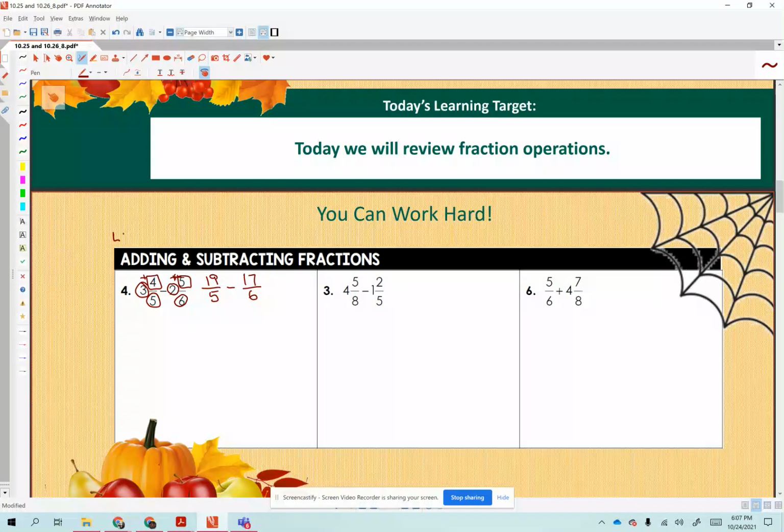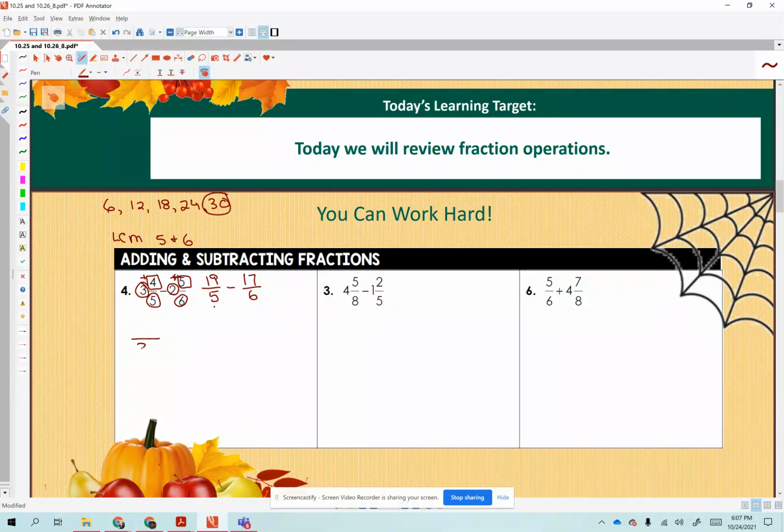Now we need a least common multiple of 5 and 6. So the 6 times table is 6, 12, 18, 24, 30, and I know that 30 is also a multiple of 5. So let's start converting.